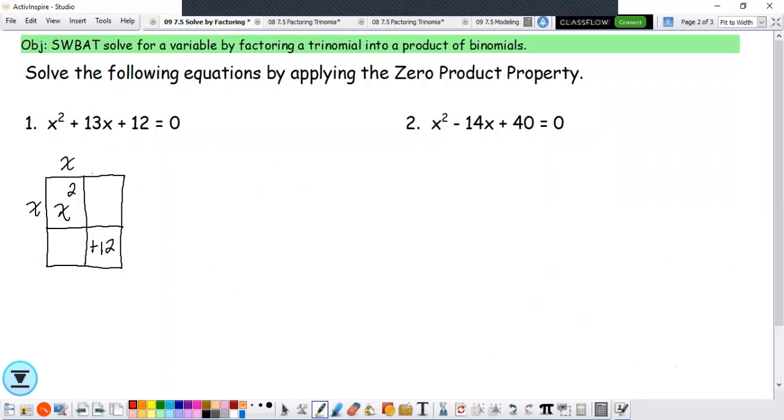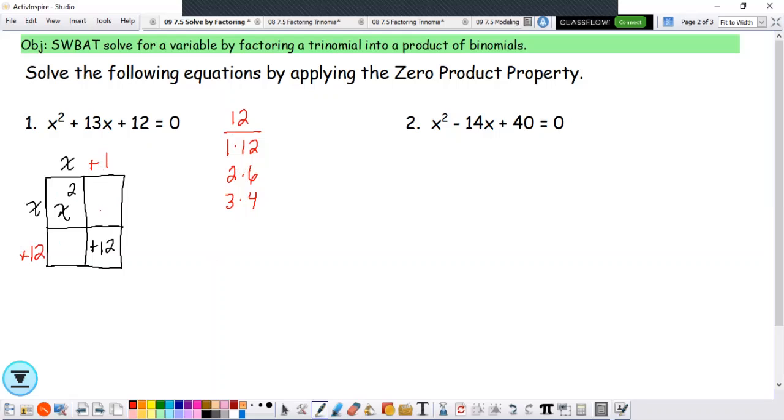Because everything is positive, I know the values that I find have to be positive. And my factor pairs for 12 are 1 times 12, 2 times 6, and 3 times 4. And I want the pair that when I add them together will give me 13. Well, that will be 1 and 12.